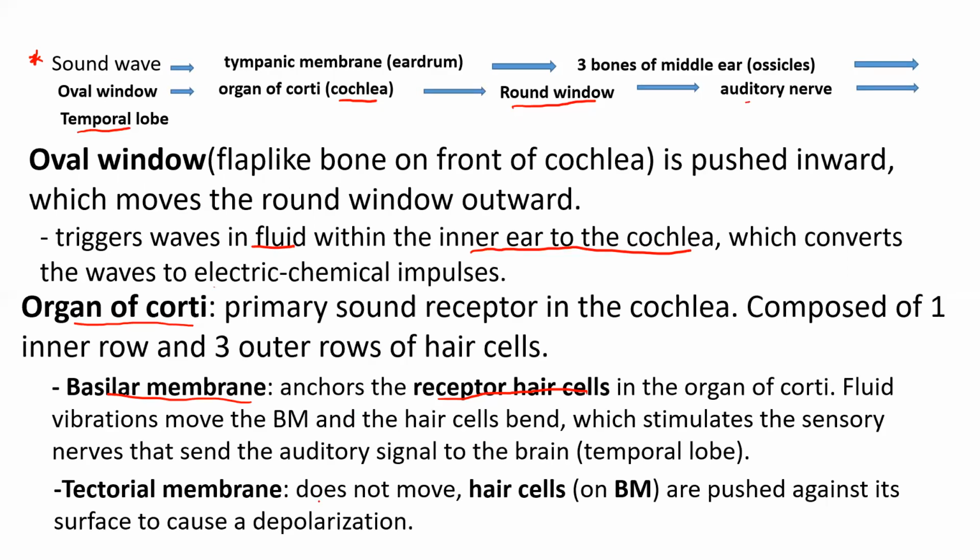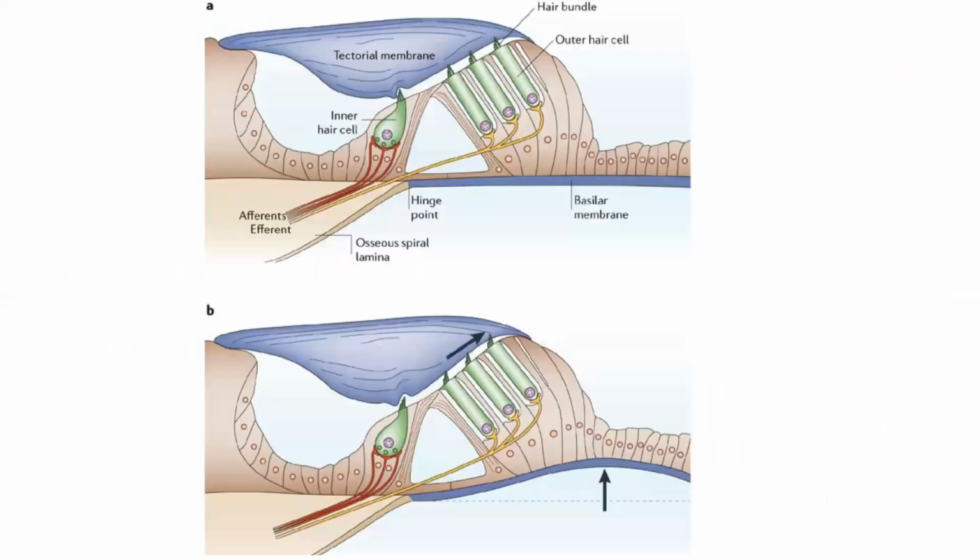Hair cells are pushed against its surface to cause depolarization. Now, you can see that here. Here are these hair cells. There's my basilar membrane, and there's the tectorial membrane. Okay? When this moves, it causes the hair cells to shift. They bend. That sends an impulse down to the auditory nerve.